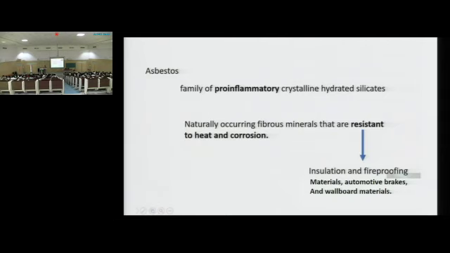They are naturally occurring fibrous minerals that are resistant to heat and corrosion, and due to that they are used as insulation and fireproofing material. Where do we get insulation and fireproofing material? Automotive brakes and wallboard materials. The workers in the industries which form these materials will be exposed to this asbestos.